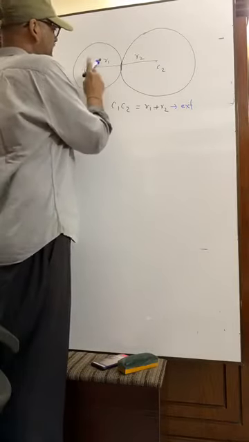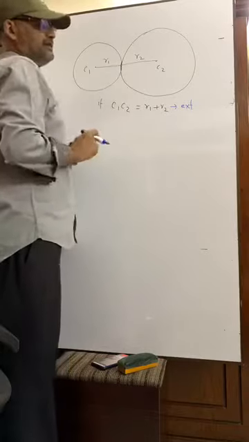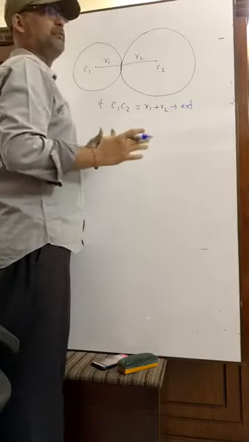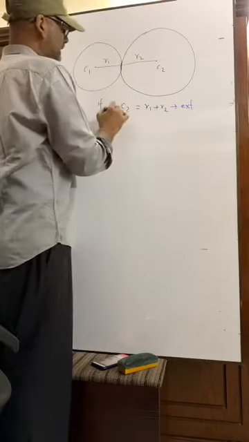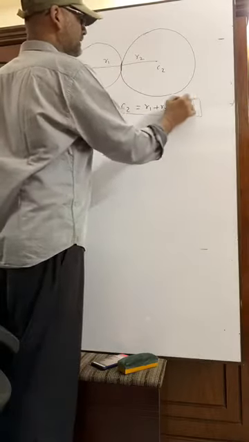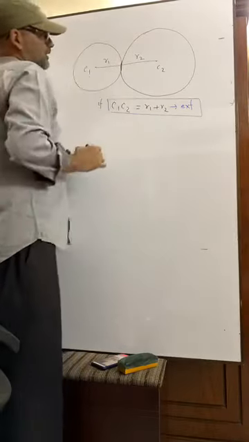If C1C2, the distance between the centers, is equal to the sum of their radii, then it means that they touch externally. Okay?